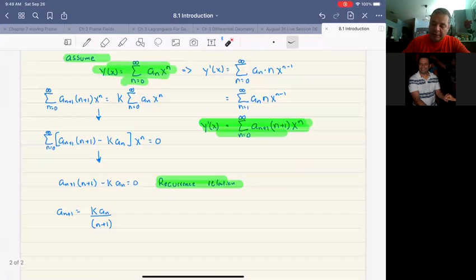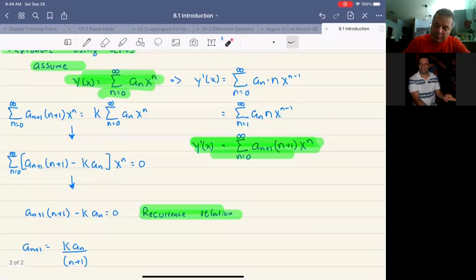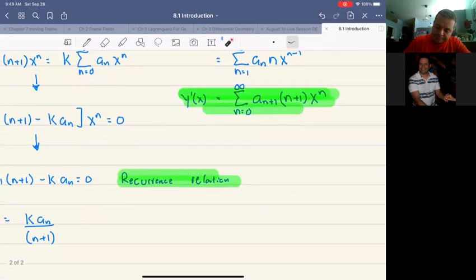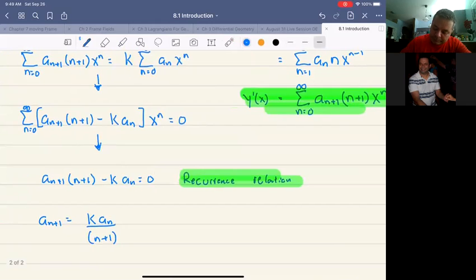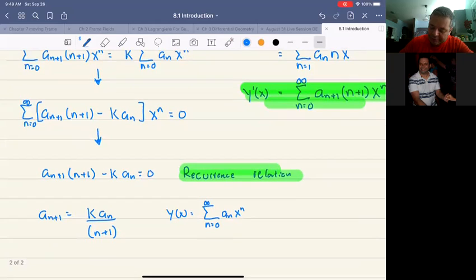Let's take a look again at y of x. y of x equaled the sum, n goes from 0 to infinity, of a sub n x to the n. y of 0 equals y0.